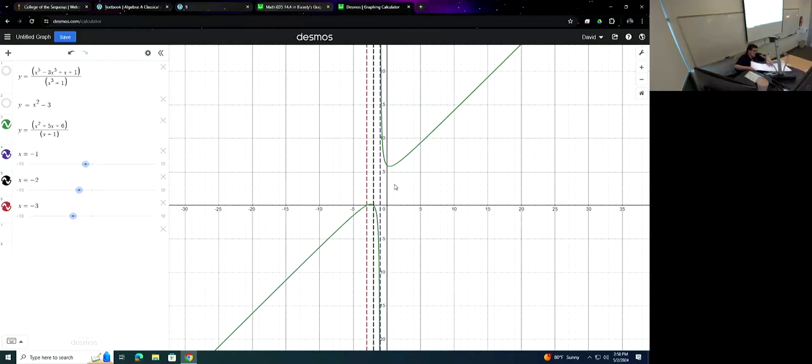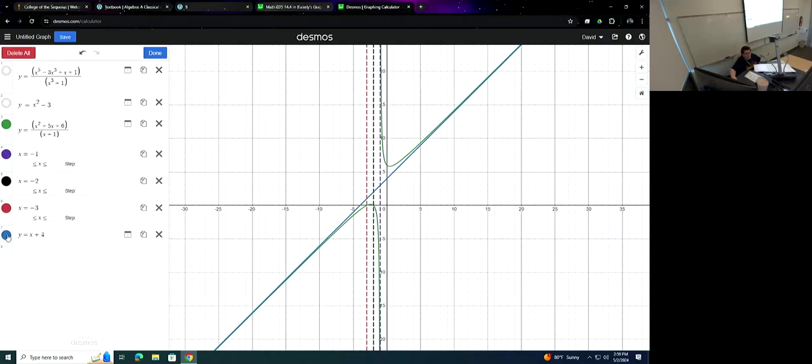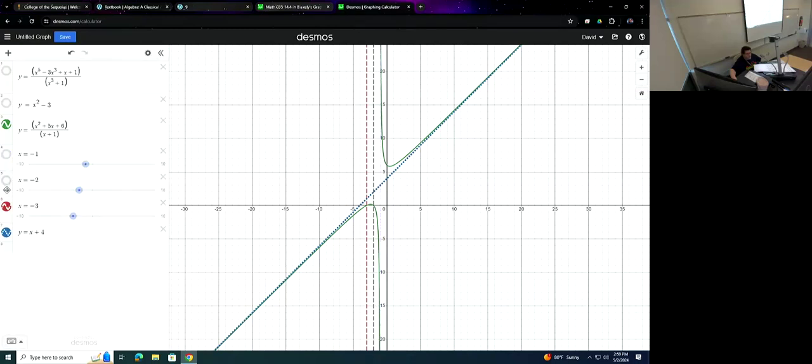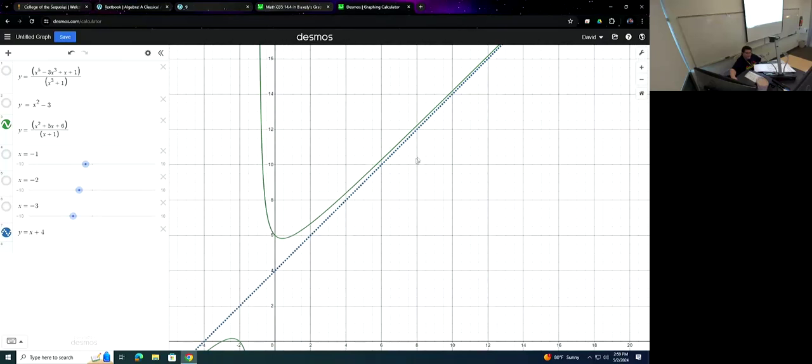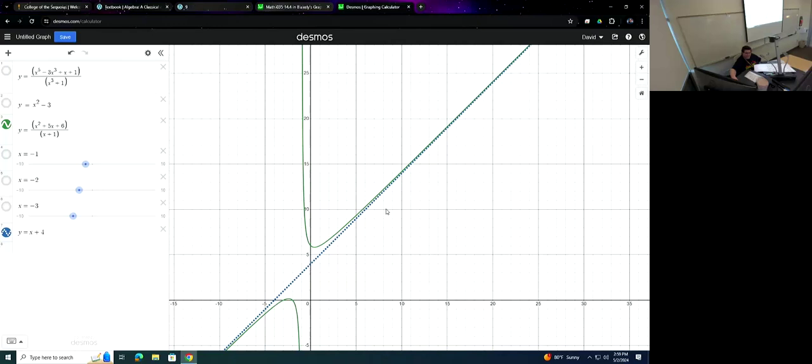We had x plus 4. Let me throw that in here. And I'll make that one dotted as well. So just like we showed with the parabola one, as we go to infinity, the graph is following the dotted line.